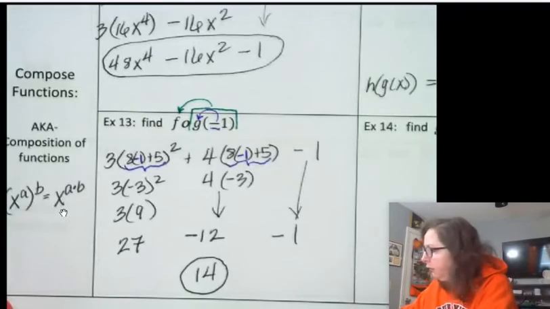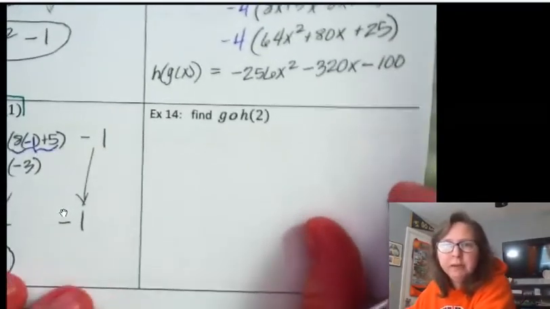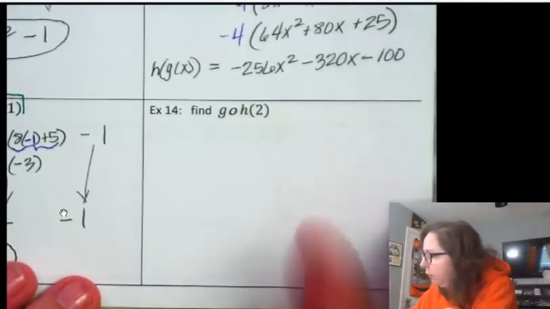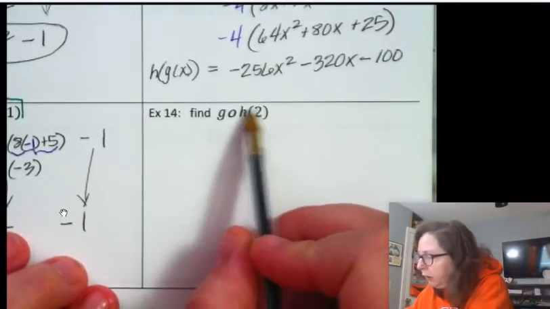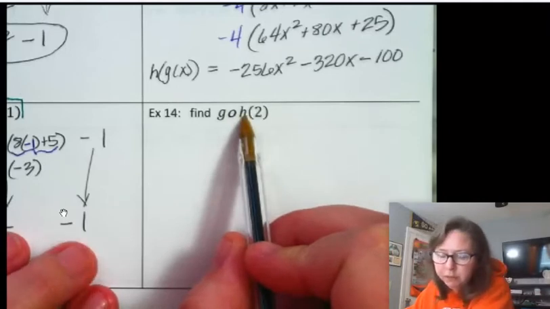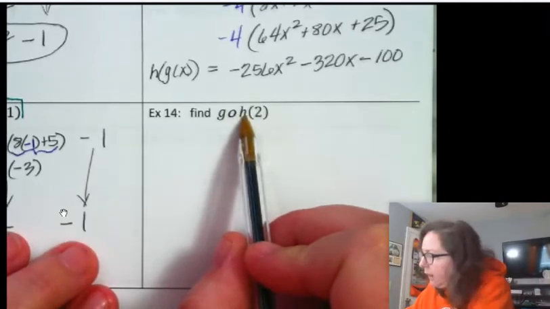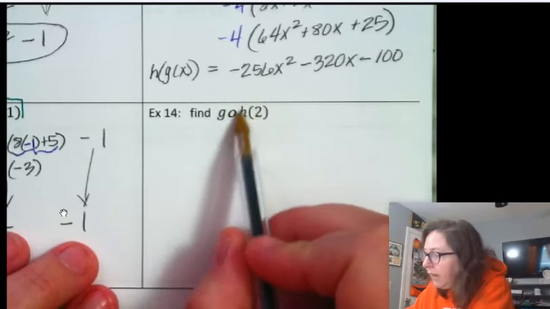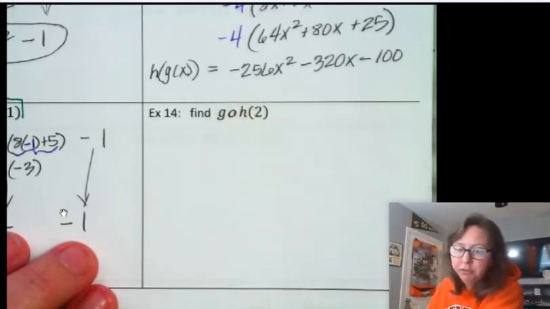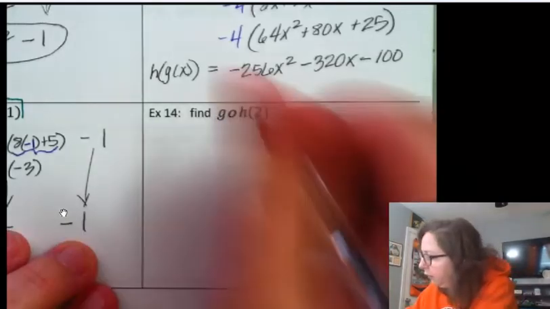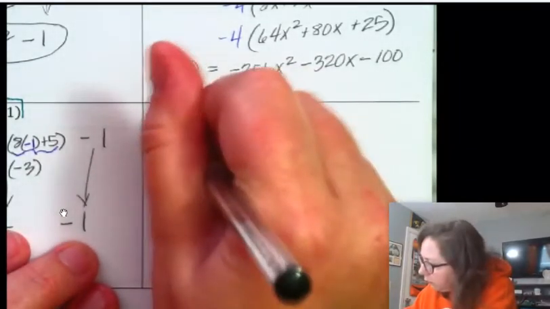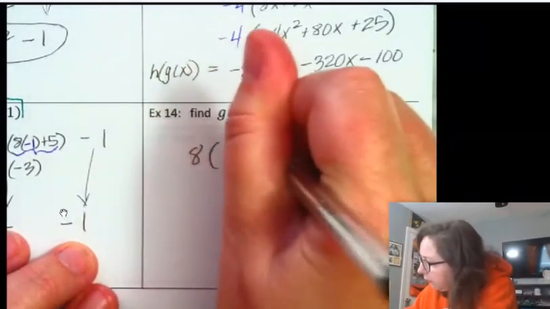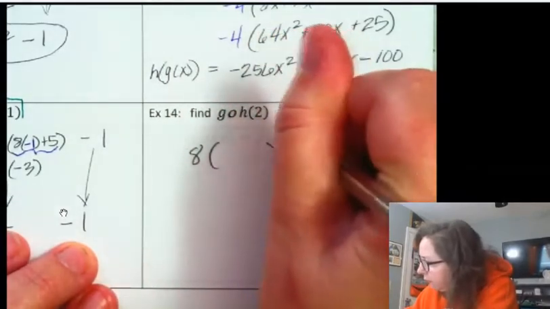All right, let's do our last example for today before we start our practice. So I'm going to do the same thing. I'm going to take the h function and put a 2 inside of it, okay? And then I'm going to take that and put it inside the g function. So my g of x function is 8x plus 5.